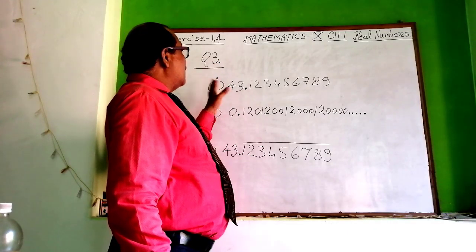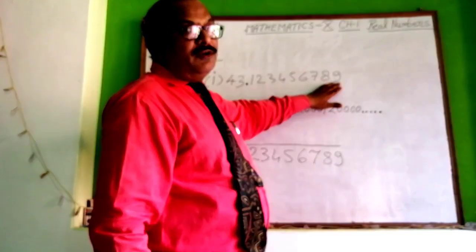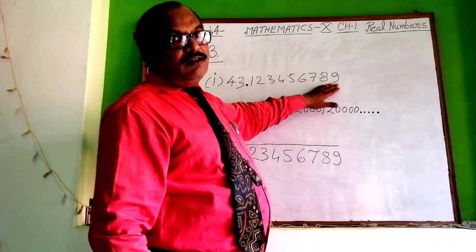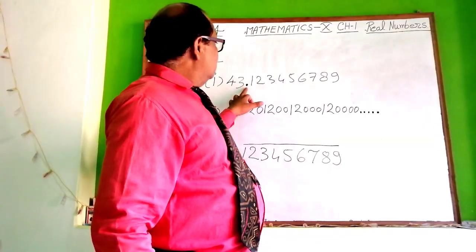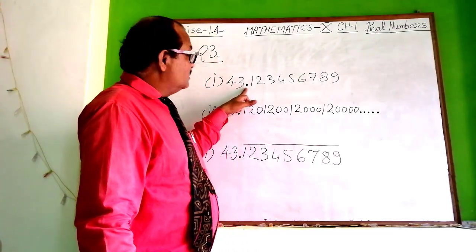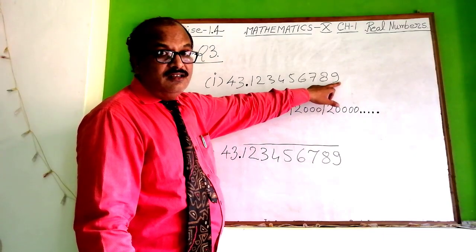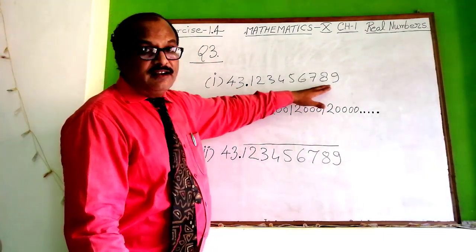After observing this number, see which type of number it is, rational or not. You can see this number terminates after 9 places of decimal. After the decimal there are 9 digits.